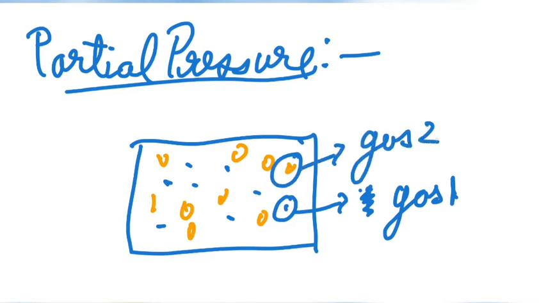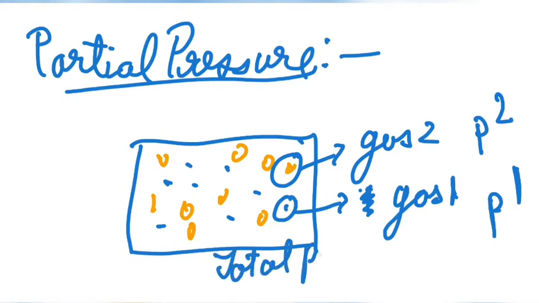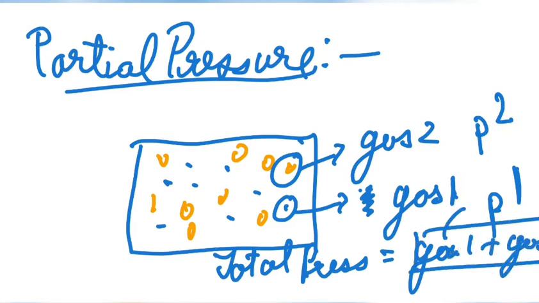These two gases exert different amounts of pressure on the walls of the container, but the total pressure of the container will be the sum of the pressures of these individual gases. If we have to denote the partial pressure of any gas, we just write a small p in front of the name of the gas.